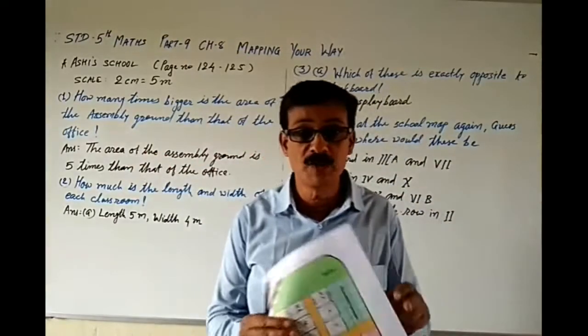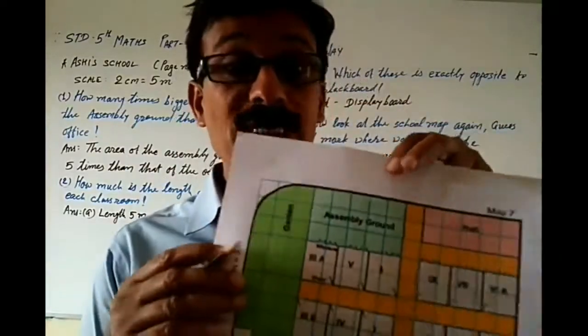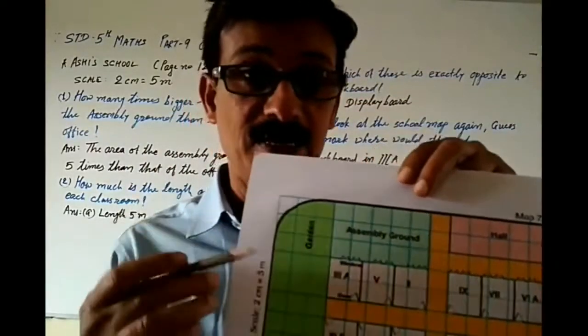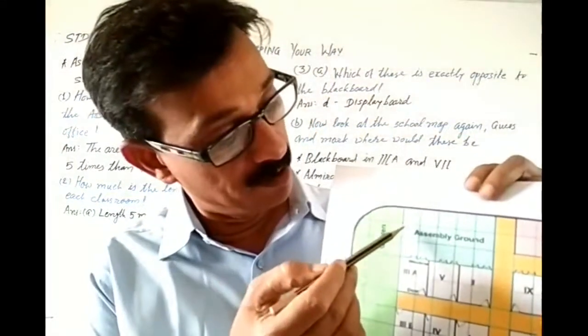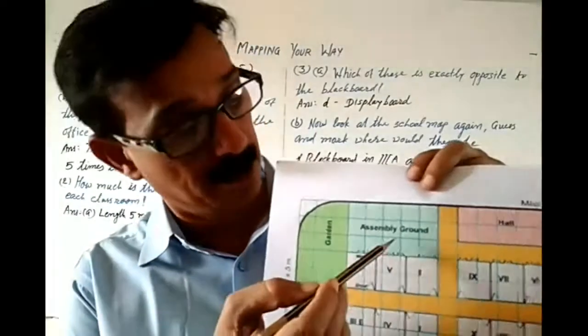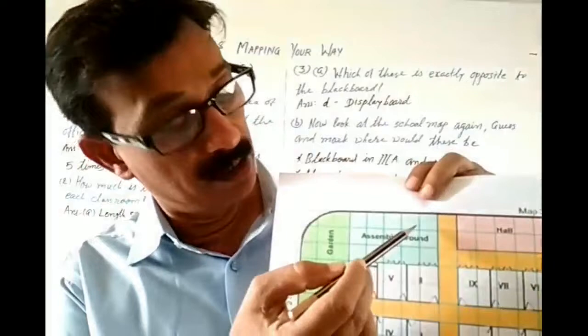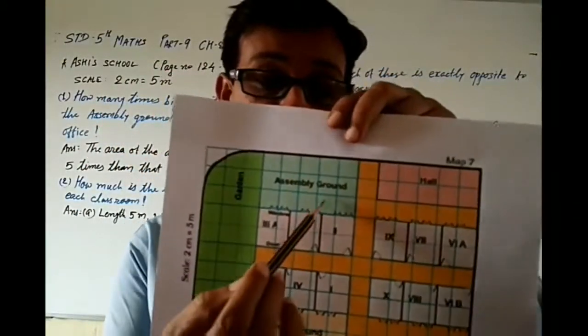First of all, let's find out where the assembly ground is. It is somewhere over here. How many squares are there in the assembly ground? We can see 1, 2, 3, 4, 5, 6, 7, 8, 9, 10, 11, 12, 13, 14, 15. Total 15 squares are there in the assembly ground.